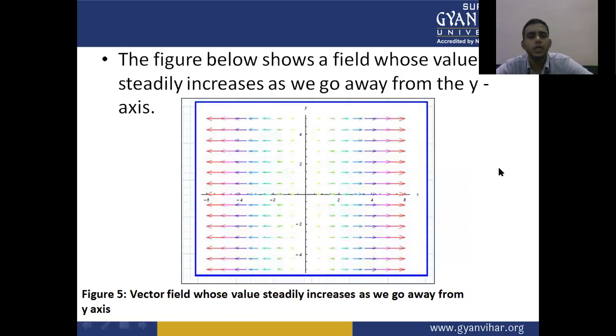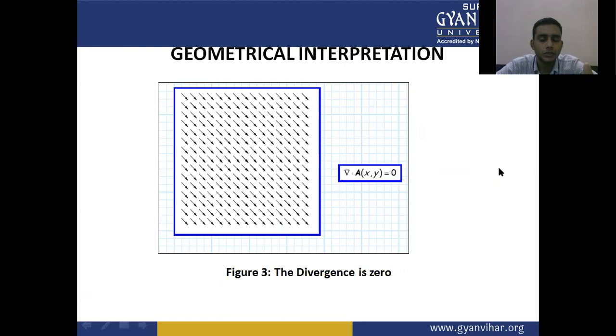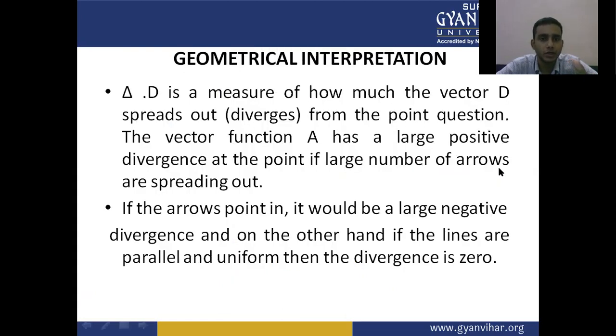The figure below shows a vector field whose values steadily increase as we go away from the y-axis. These figures show the value of the divergence and the geometrical interpretation of divergence.